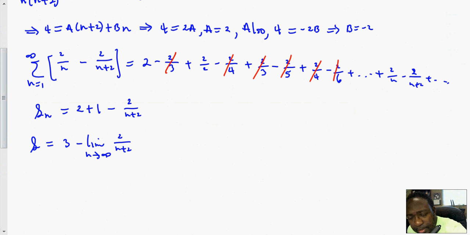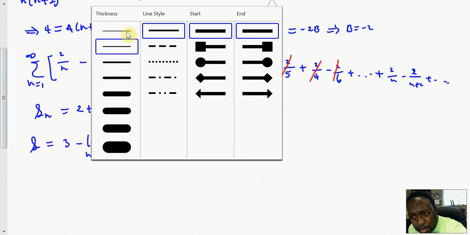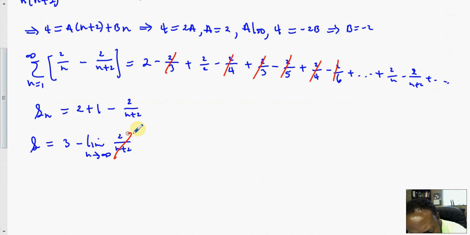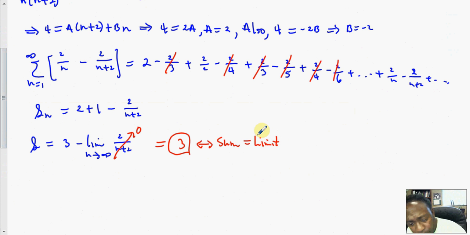Excuse me, I said something else, but I wrote the right thing. This limit here goes to 0. Right? So our sum is equal to 3. Interesting.